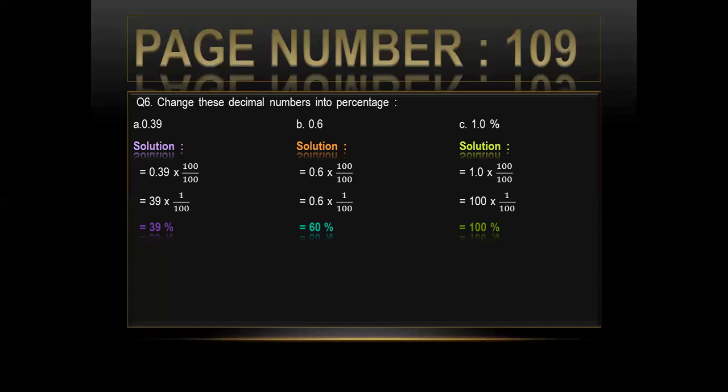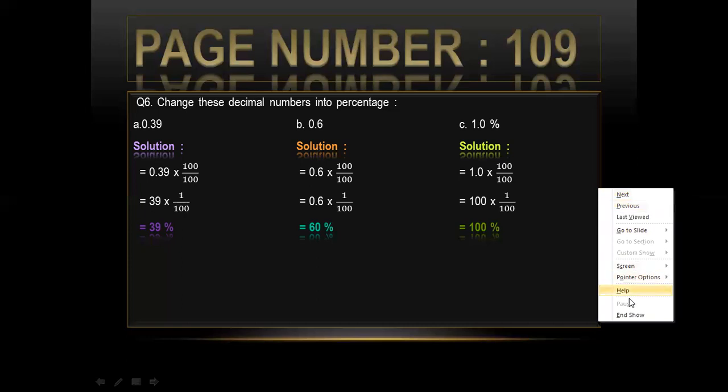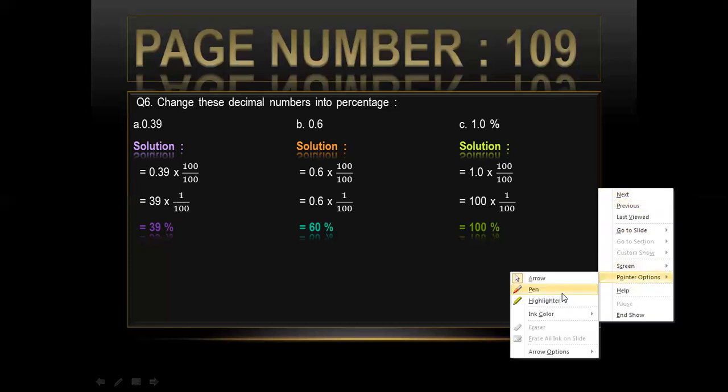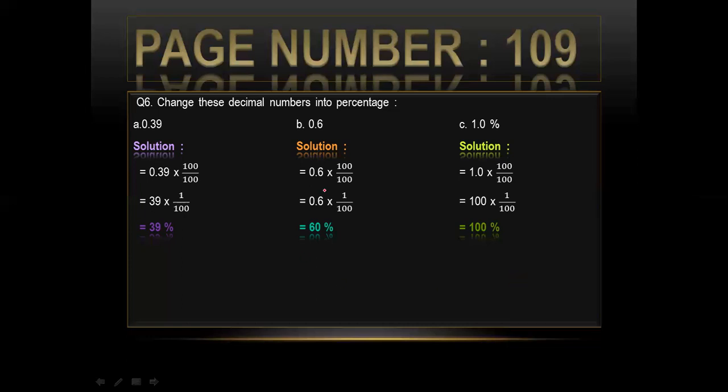When we multiply 0.6 by 100, it becomes 60. 60 over 100, and this will be 60%.